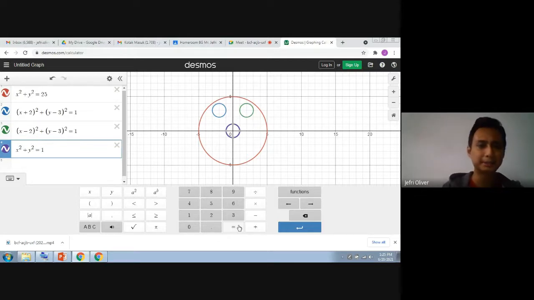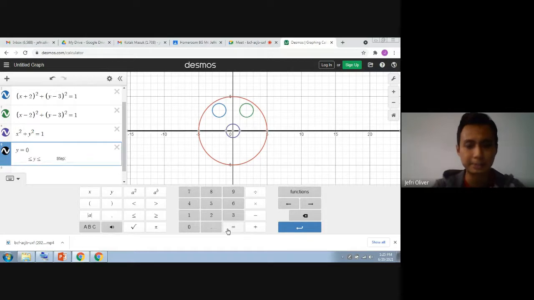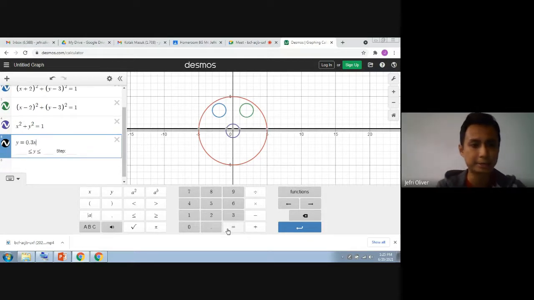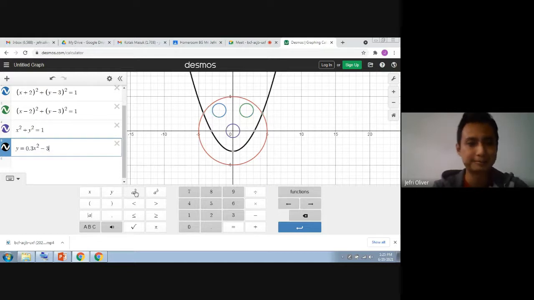And then now I would like to make the smiling face. The shape of the smiling face, I would like to make it as the shape of the parabola or the quadratic function. So I'm going to make the equation y equals 0.3 x squared minus 3. Okay, so actually, you can do trial and error to make the concavity of the parabola.